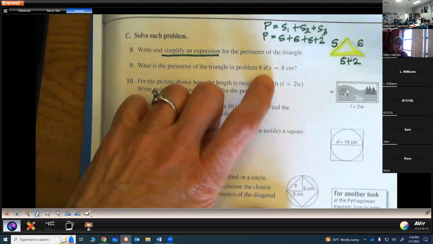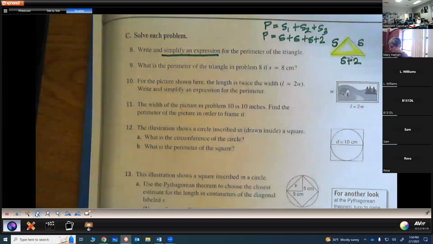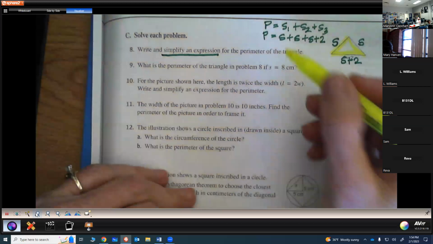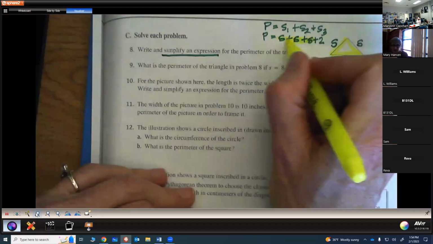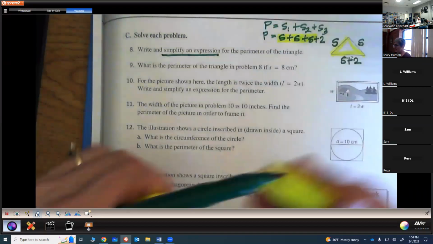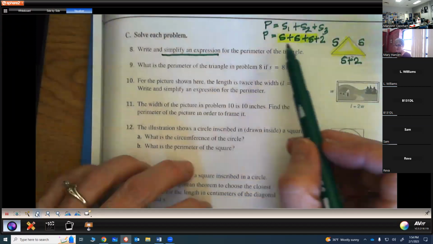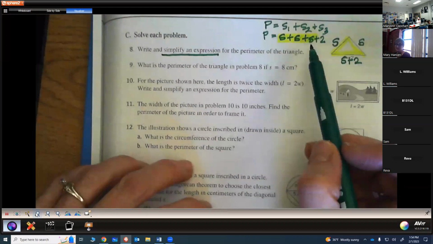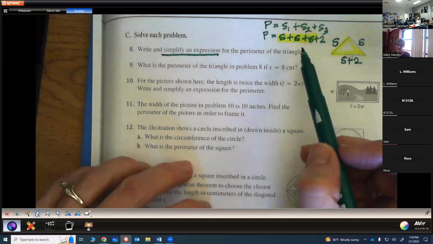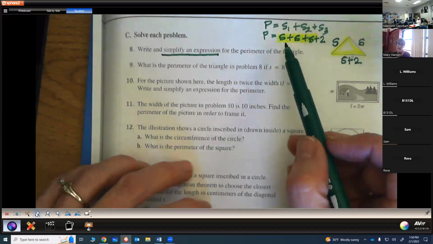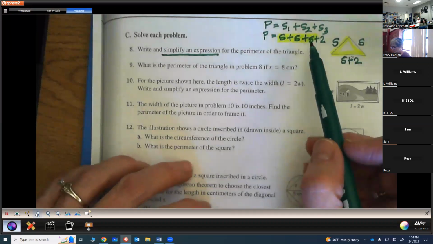And now this is a little more algebra. S plus S plus S is like having an apple plus another apple. And if I have an apple plus an apple plus an apple, I have 3 apples.